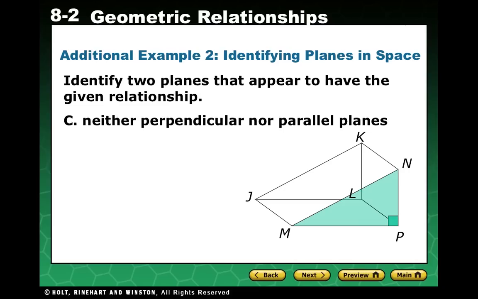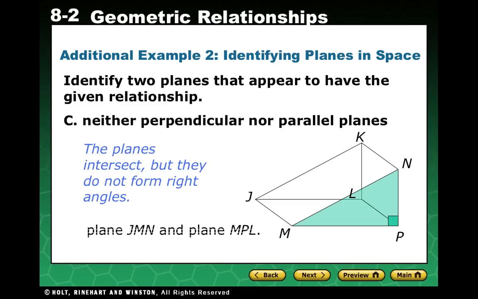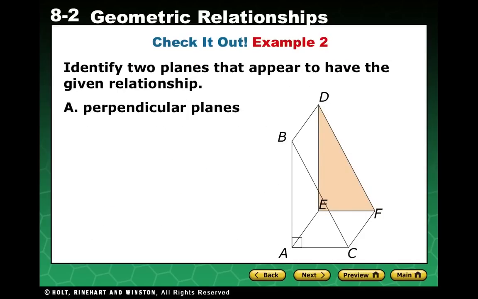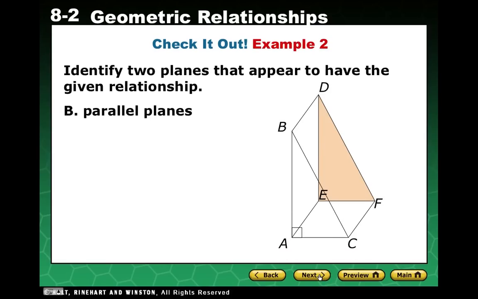Those are neither perpendicular nor parallel. So we would name those planes M and J, so that top one, and MPL, that bottom one. We can go ahead and skip this example.